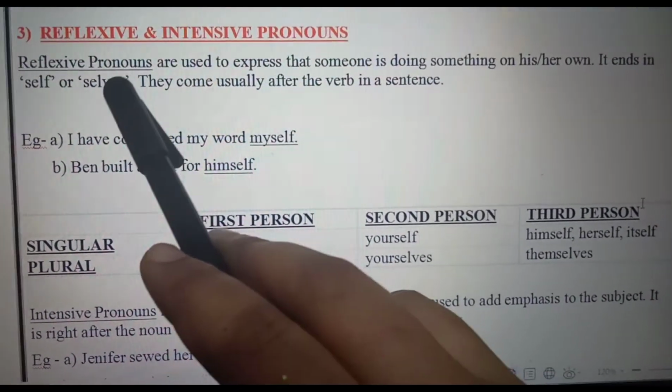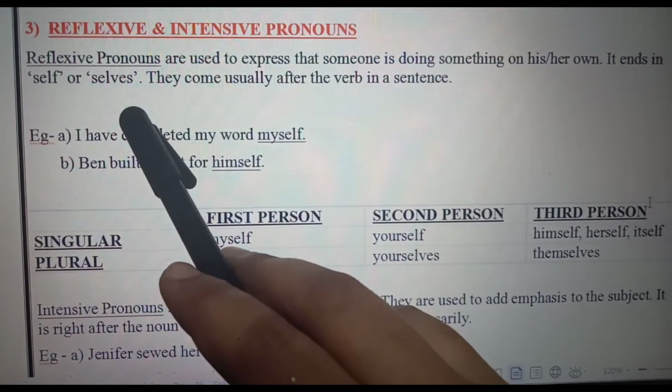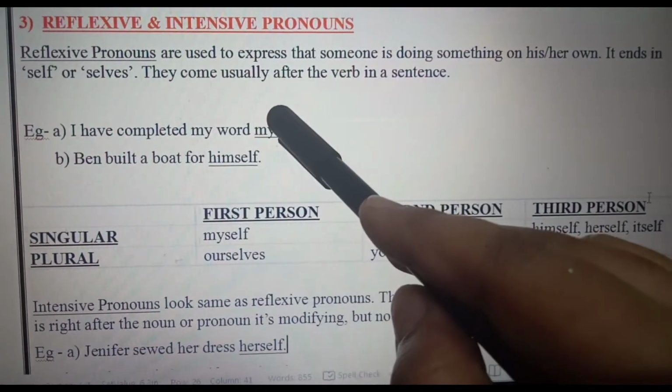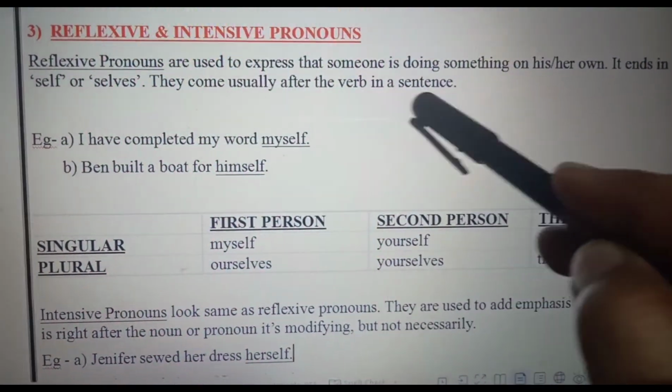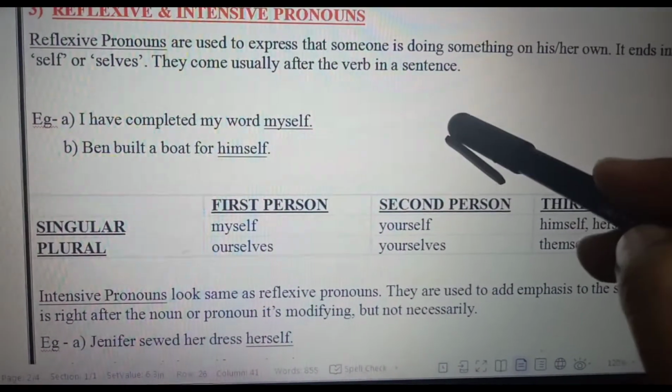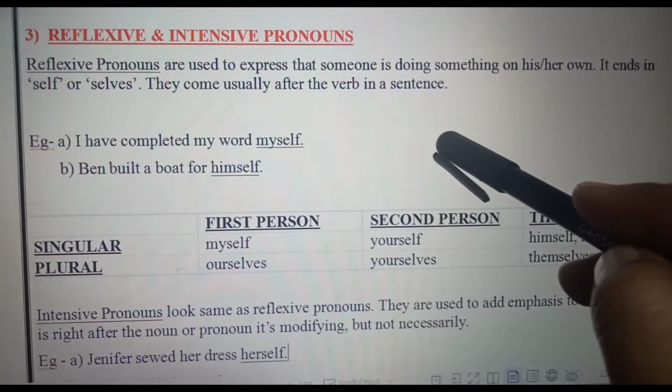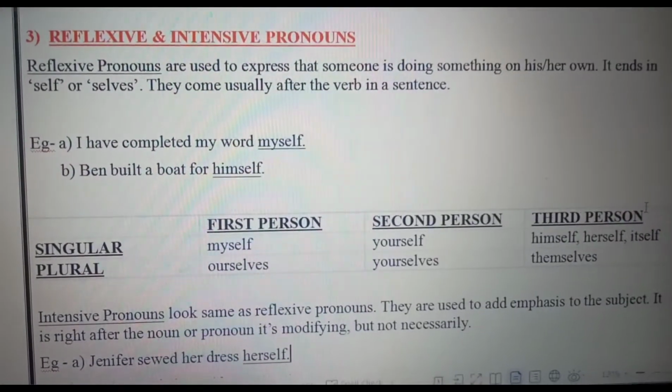These reflexive pronouns always end with the word self or selves. They usually come after the verb in a sentence, in most of the cases.